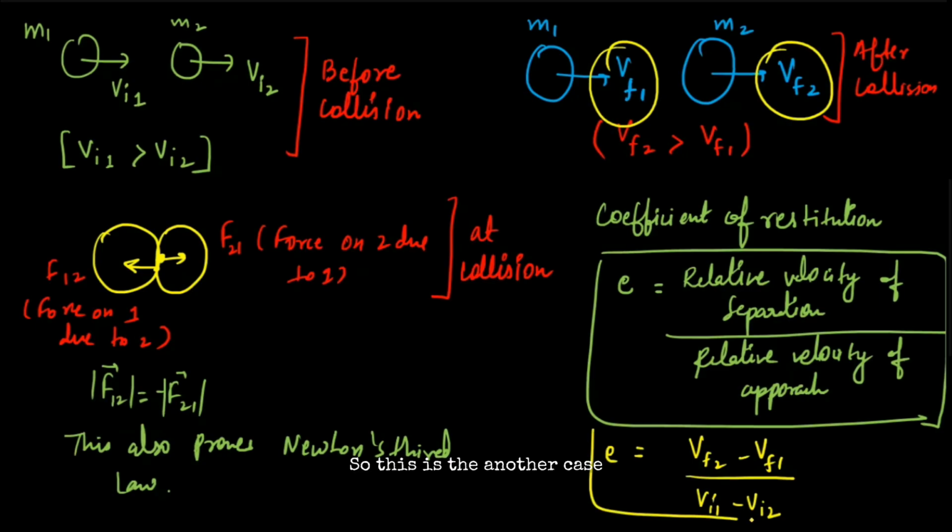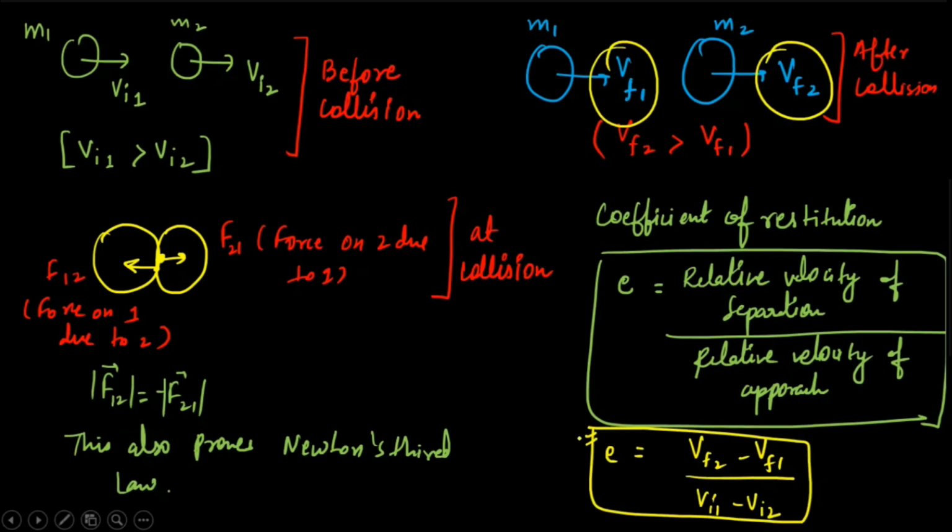So this is another parameter for judging the type of collision. For elastic collisions, this coefficient of restitution must be 1. So for elastic collision, E must be equal to 1. So (V final 2 minus V final 1) divided by (V initial 1 minus V initial 2) must be equal to 1.